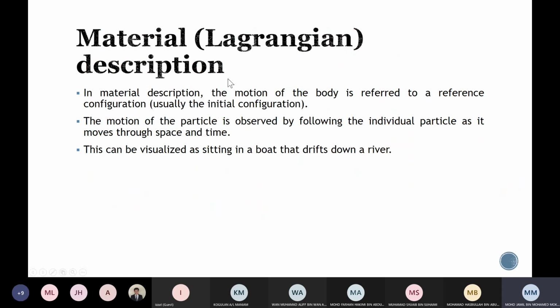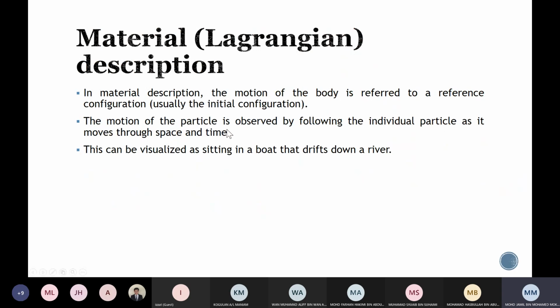So let's look at the material or Lagrangian description. In the material description, the motion of the body is always referred to a reference configuration. So we look at the motion of a body from a point of reference, meaning we look at the motion of that body based on the body at the reference configuration.